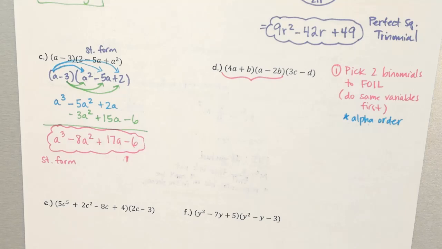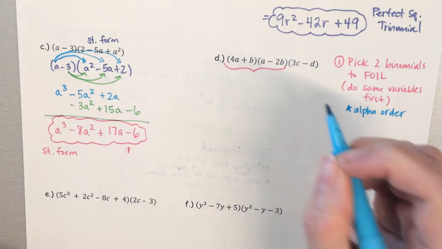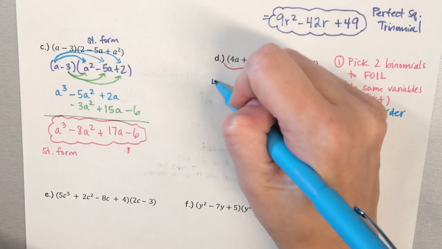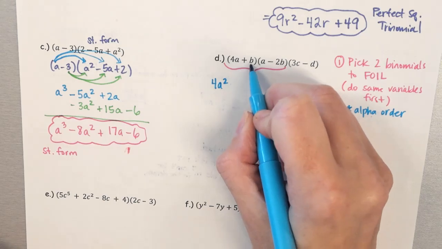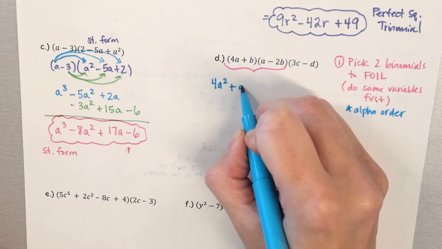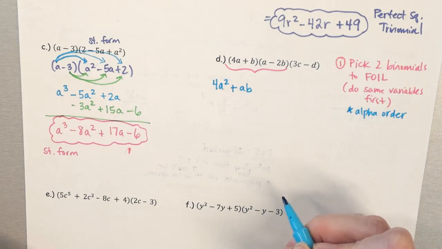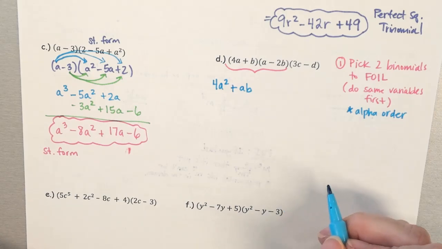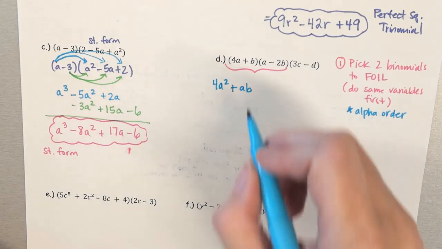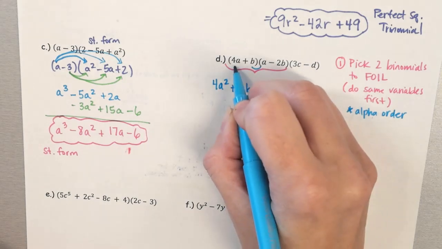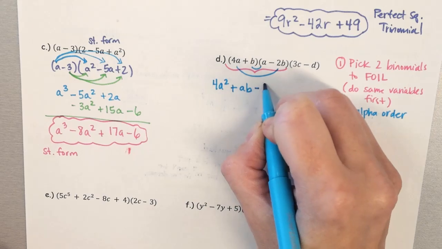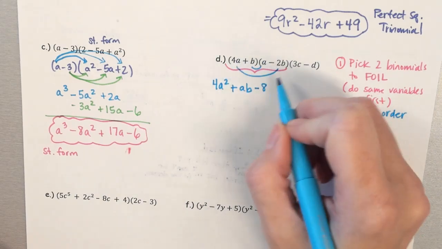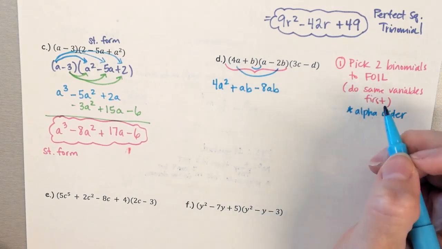We'll do this first one together so you can see what I mean. When you do 4A times A, you get 4A squared. When you multiply here, if you multiply B times A, if you put it in alphabetical order, it's just A times B. Okay, so that's the inside. Now I'm going to do the outside. So 4 times negative 2, negative 8, A times B, AB.